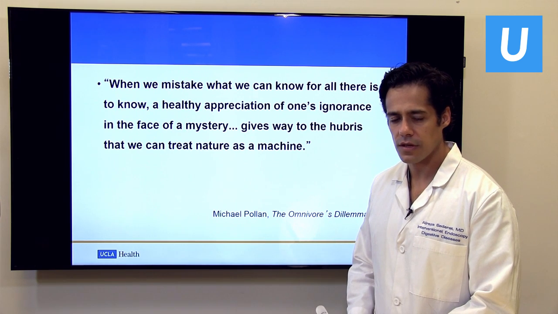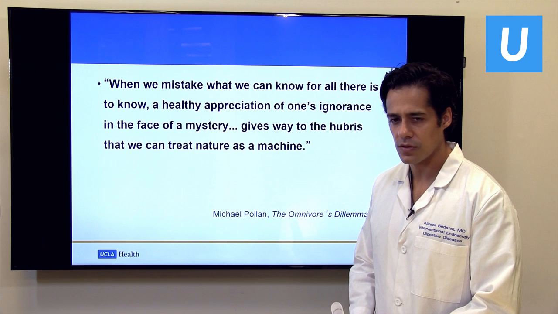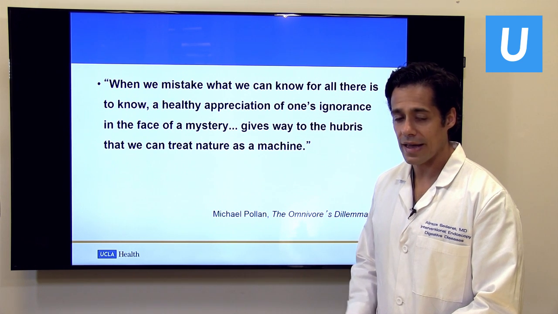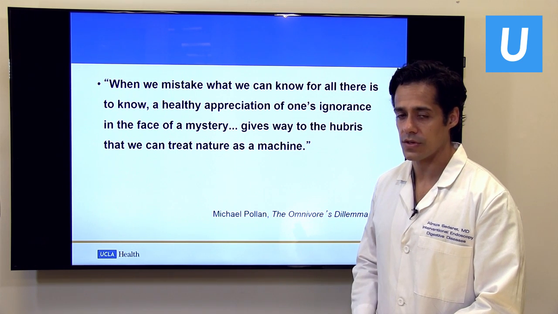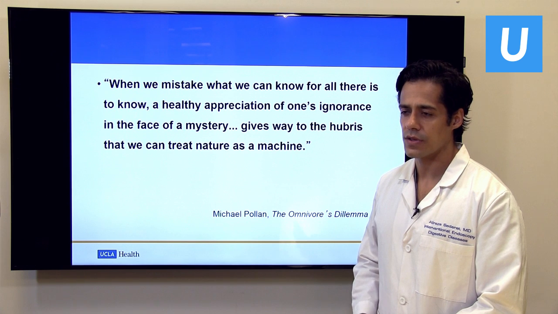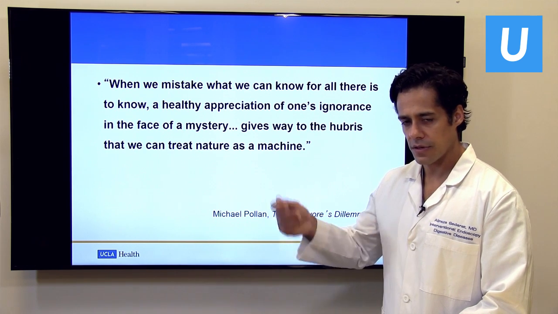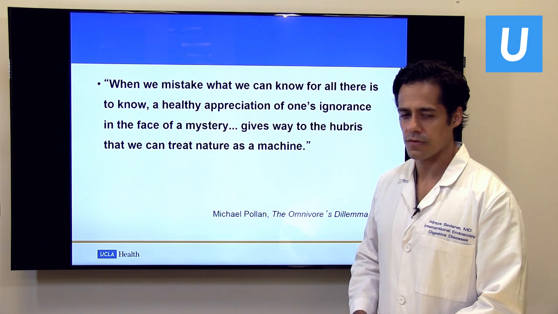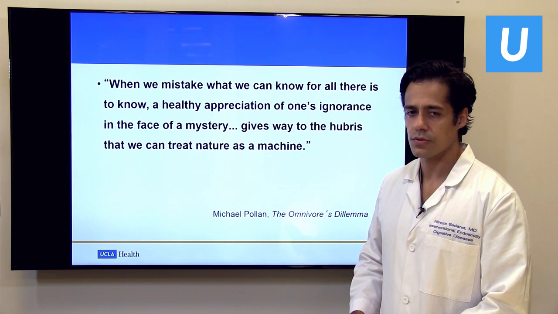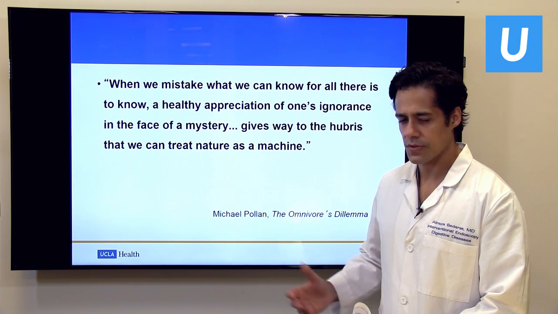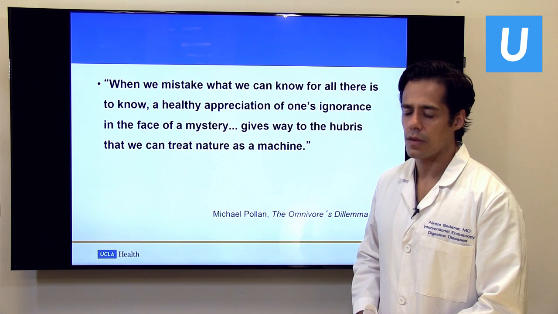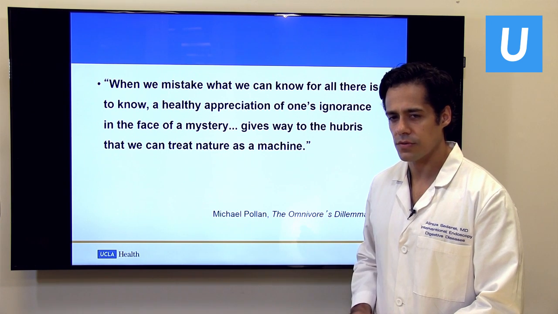The rate of reflux after a Heller myotomy without a fundoplication, without an anti-reflux procedure, is up to 30–40%. When a surgeon adds that fundoplication, which is probably pretty standard for most patients, that risk is reduced to maybe 10% or less. However, the problem is, how do you define reflux?